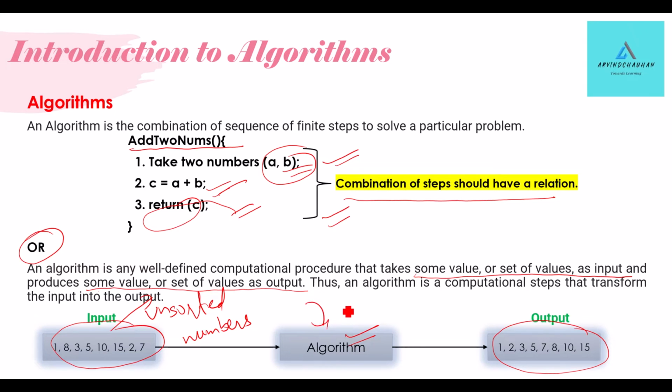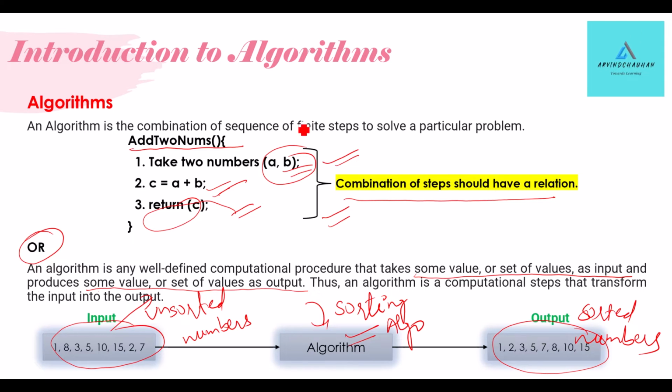Algorithm-wise, we have taken any sorting algorithm. We are not focusing on which kind of algorithm, but this is the unsorted input going into a sorting algorithm, and finally we are getting sorted numbers. So here we are taking some values as input, and our algorithm provides some values as output.